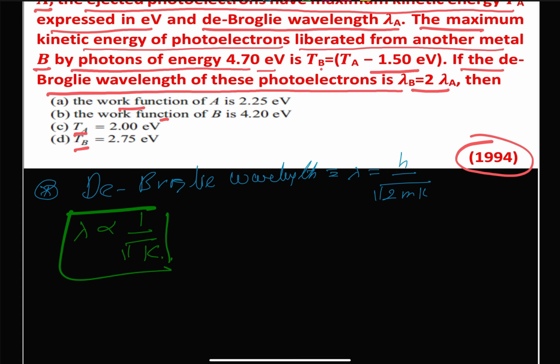And we have two metals A and B and their respective energy is given to us.